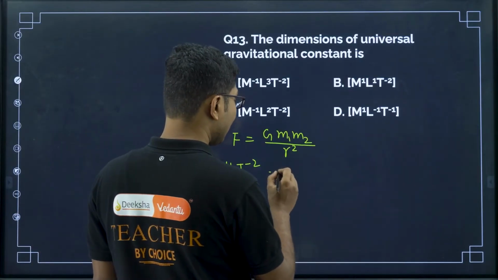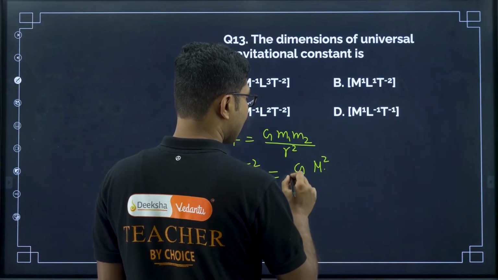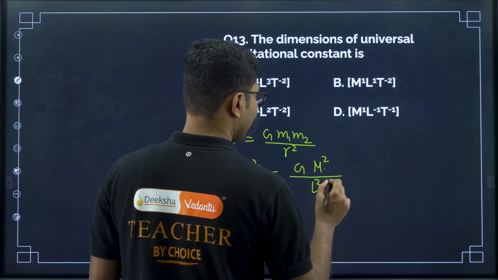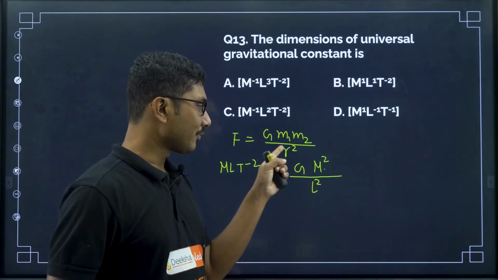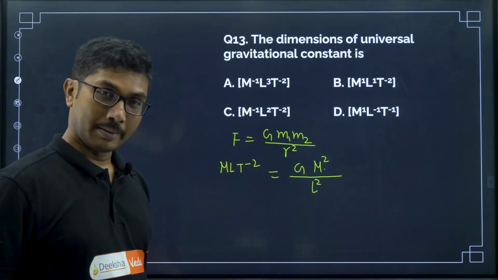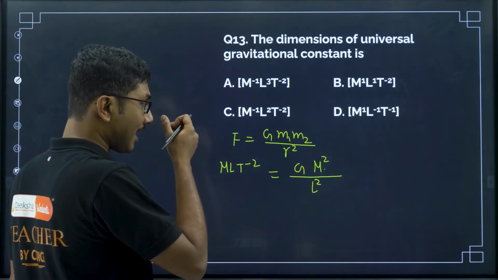So, equals to G m square divided by L square. Okay. So, r is nothing but distance, so its dimension is L, and r square is there, so L square. Dimension of m1 is M, m2 is also M, so the dimensions will multiply and we get M square.